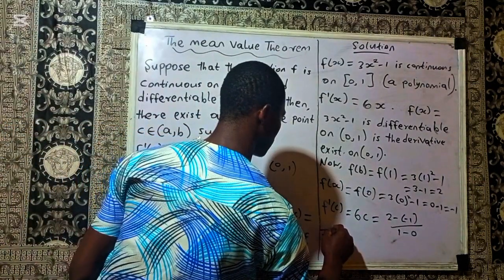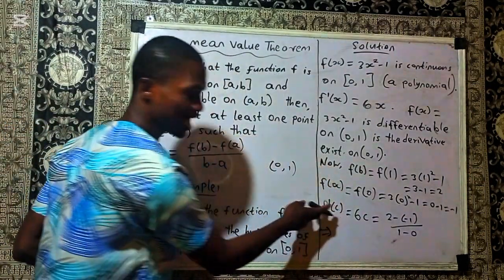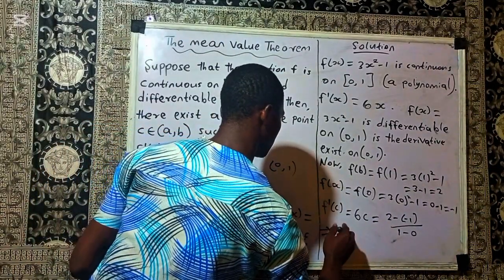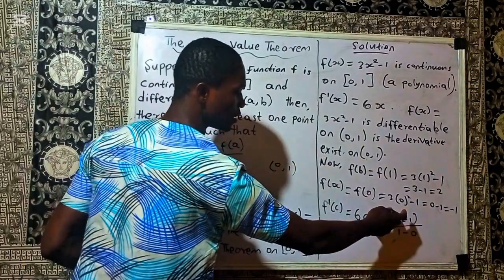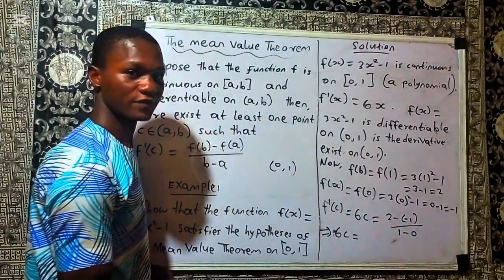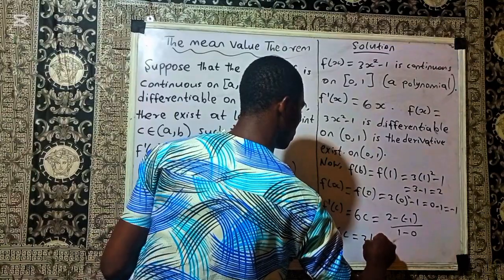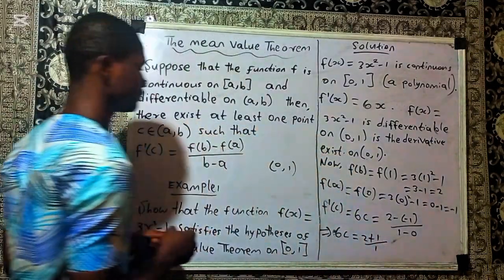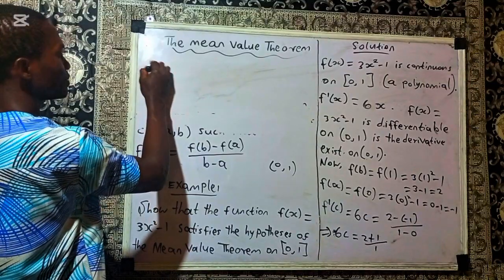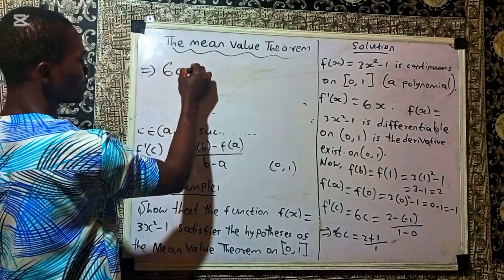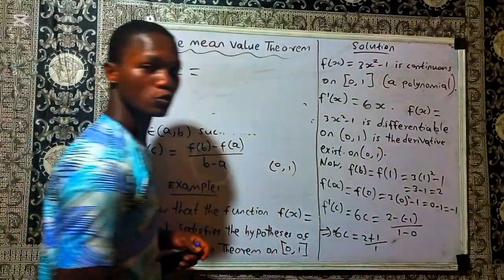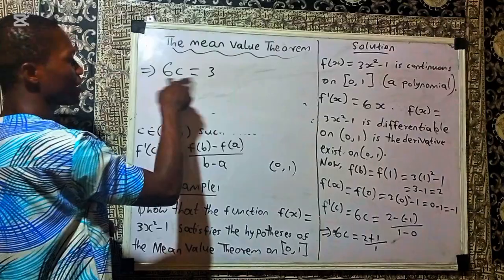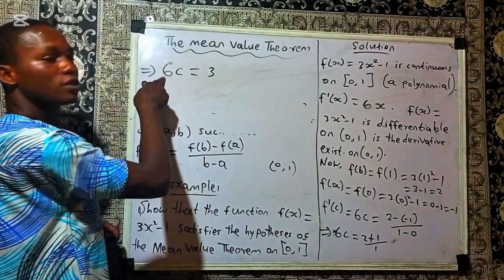So this implies that f prime at c, which is 6c, is equal to 2 minus negative 1, which gives you positive 1, so you have 2 plus 1 divided by 1 minus 0, which is 1, right? This implies that 6c is equal to 2 plus 1, which gives you 3, divided by 1, we have 3. So you divide both sides by the coefficient of c.